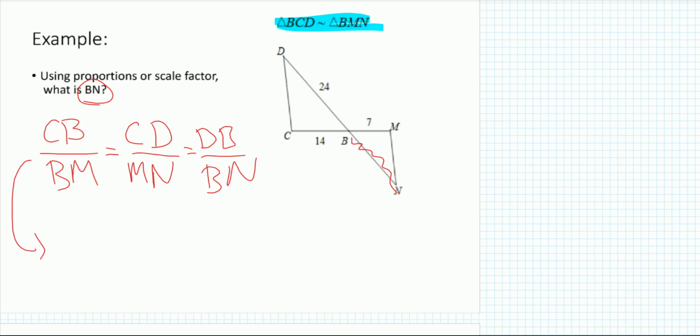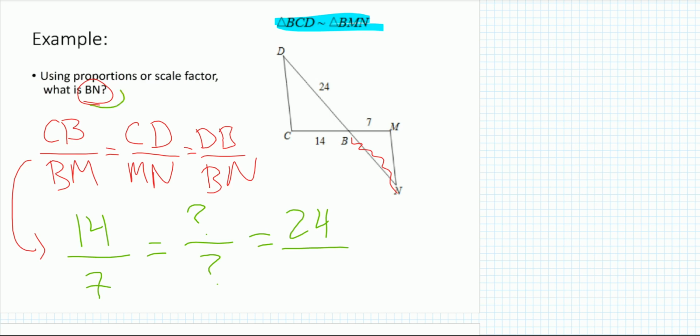CB is equal to 14, BM is equal to 7, CD is equal to who knows what, they didn't give us anything, so I'll put a question mark, and then MN, question mark, because again, they didn't give it to us. DB is equal to 24, and then BN, what we're looking for.